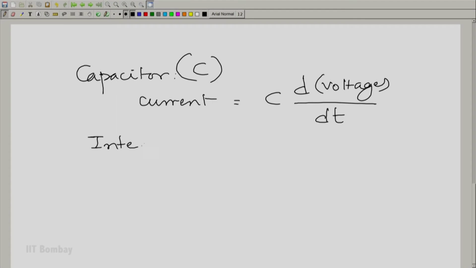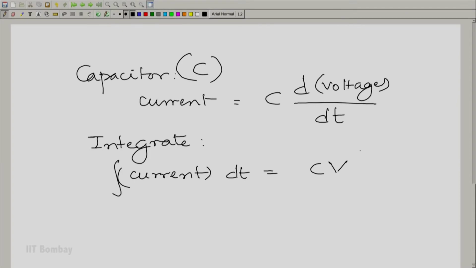And if I integrate both sides, then I have the integral of the current with respect to t is C in principle V. So, in some sense, there is an integration operation involved on the equation of a capacitor.